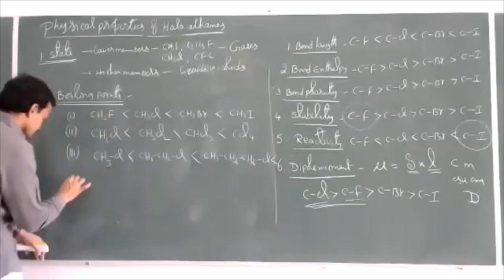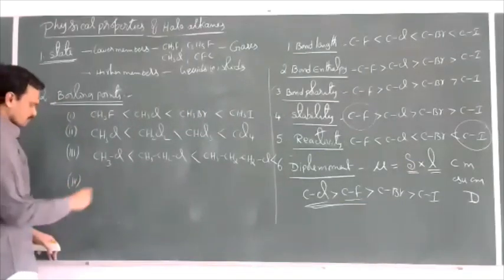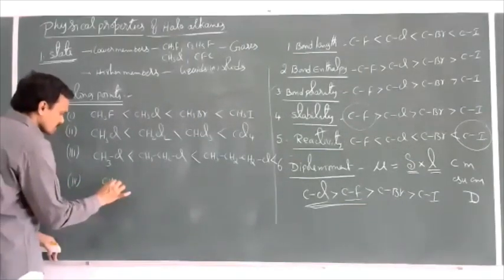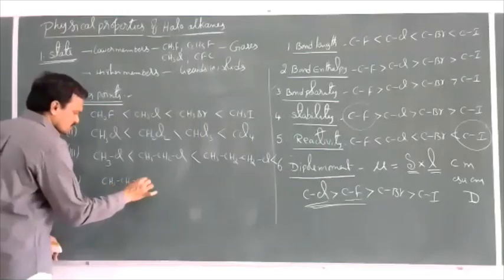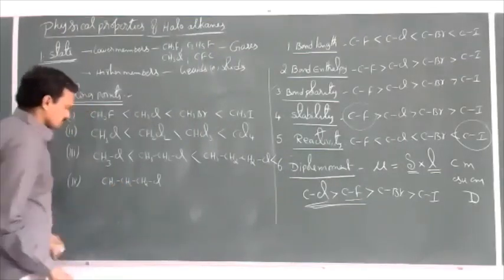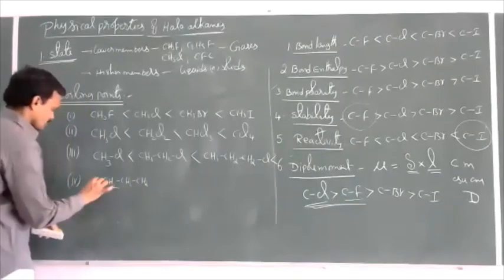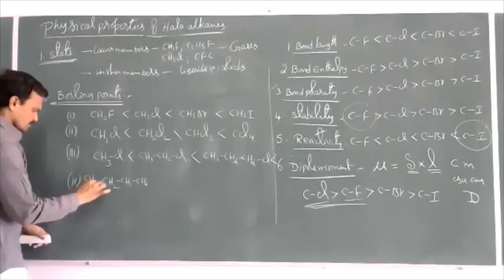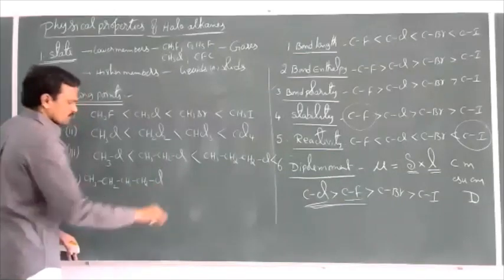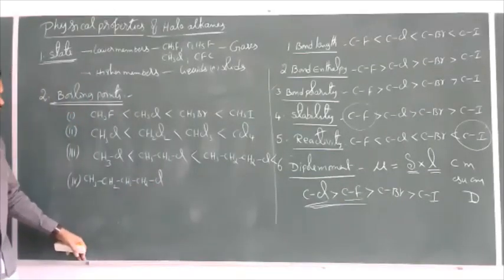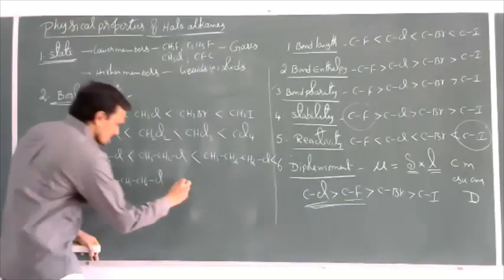And one more. CH3CH2CH2CH2Cl. One more alkyl group I'll take. This is n-butyl chloride. And one more.